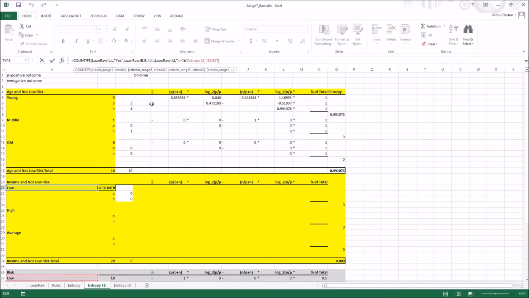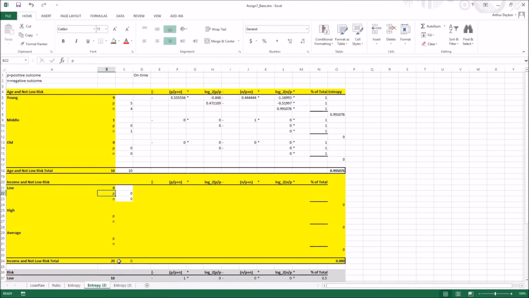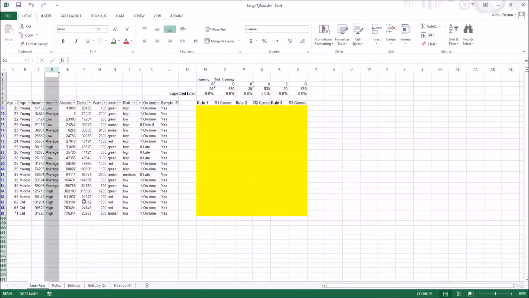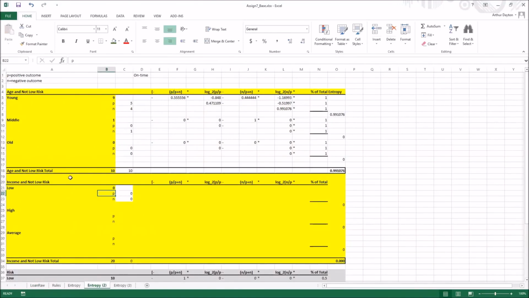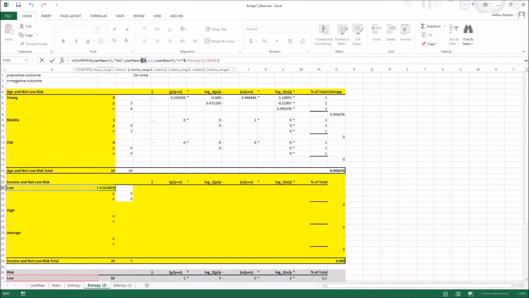If you remember, if we take a look at our loan raw sheet, our income category is in the D column. So if we jump back over here, we just need to not refer to the B and instead refer to the D column. So we will go ahead and change that to D.